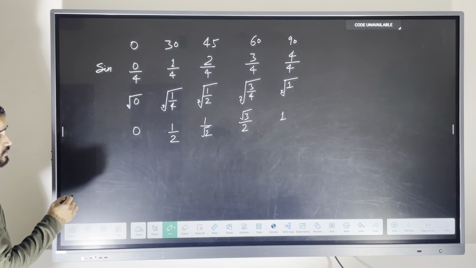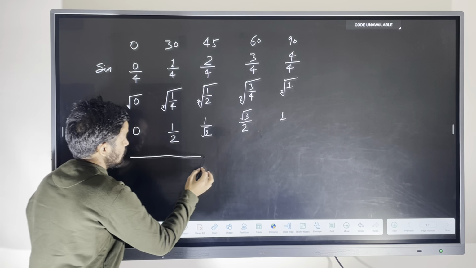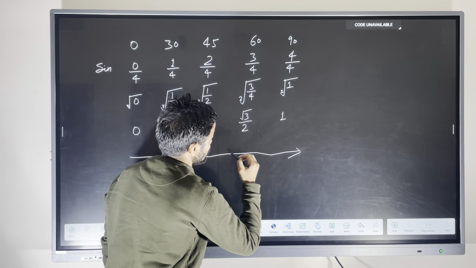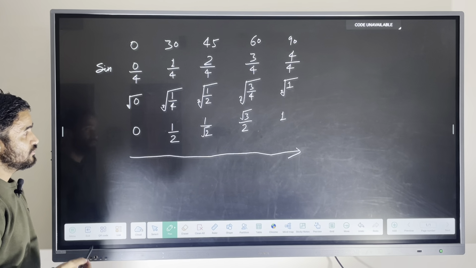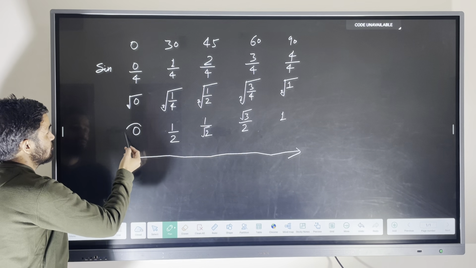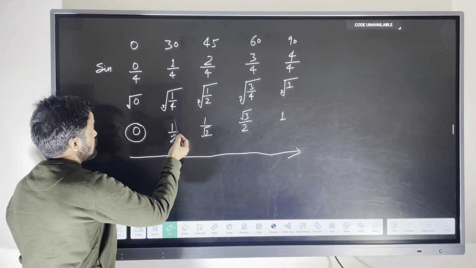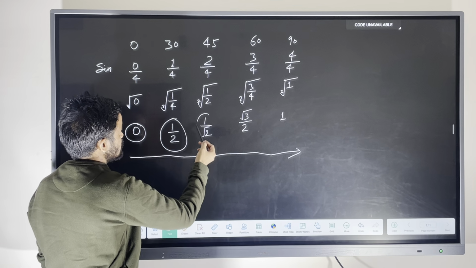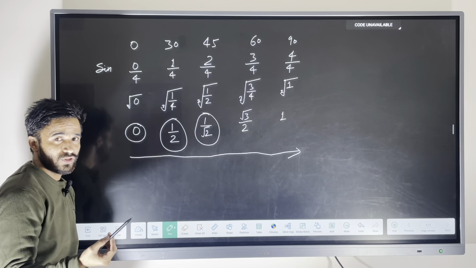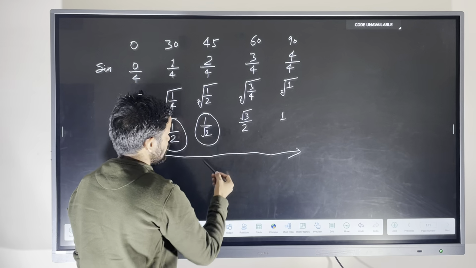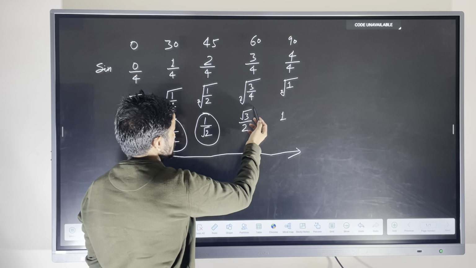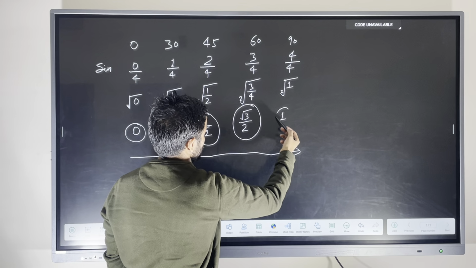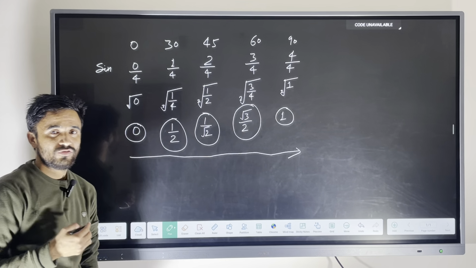Now we have just found the values of sine at different angles. As we know, the value of sine 0 is 0, sine 30 is 1 upon 2, sine 45 is 1 upon root 2, sine 60 is root 3 by 2, and sine 90 is 1.